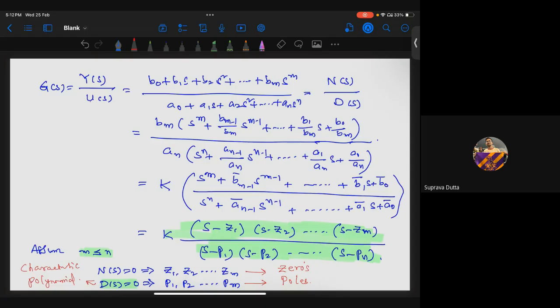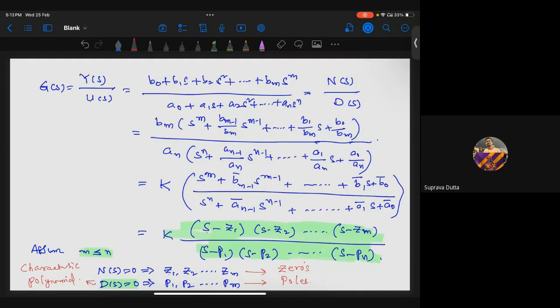So what is the meaning of pole and zero? Suppose here in place of s, if you substitute z1, what happens to the entire expression? It becomes 0. If you substitute any of z1, z2, etc., zm in place of s, the entire expression goes to 0.